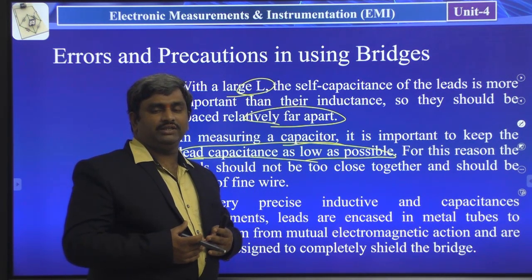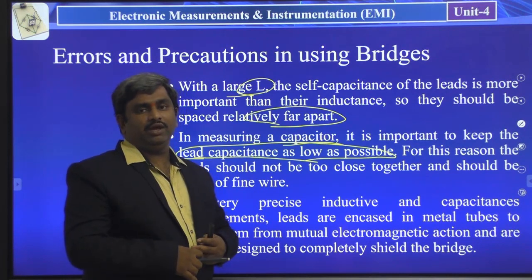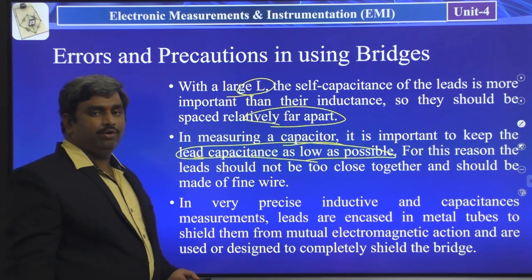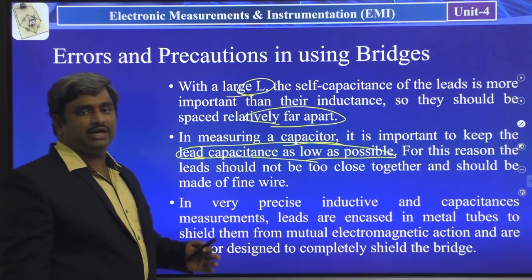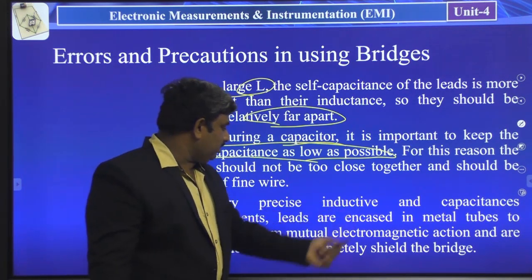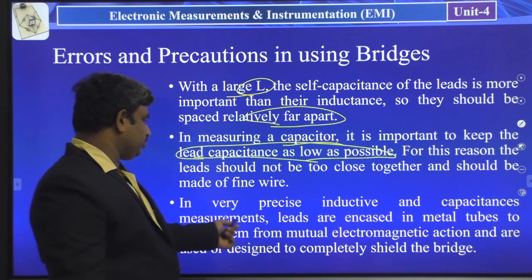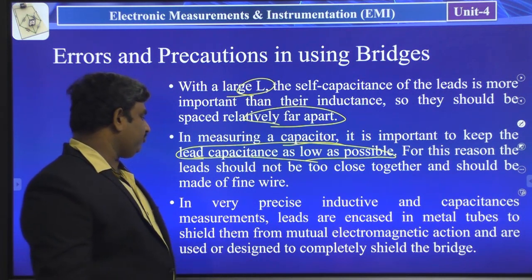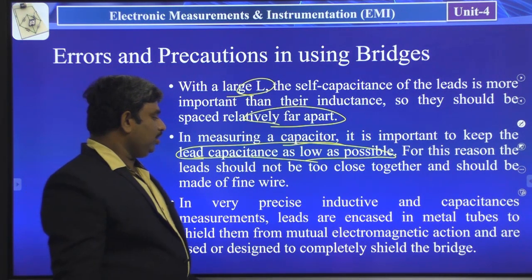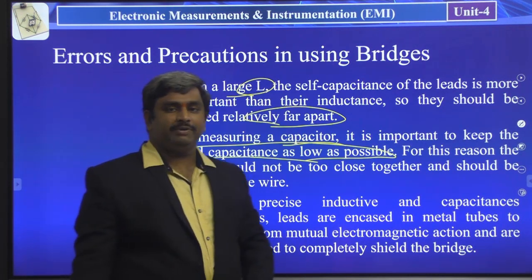So we have to connect these leads with good quality wires which have less resistive or capacitive parameters. In very precise inductive and capacitance measurements, leads are encased in metal tubes to shield them from mutual electromagnetic action, and they are used to completely shield the bridge.